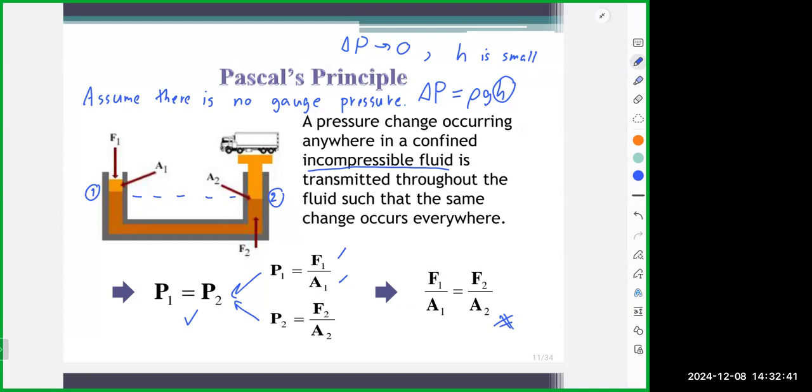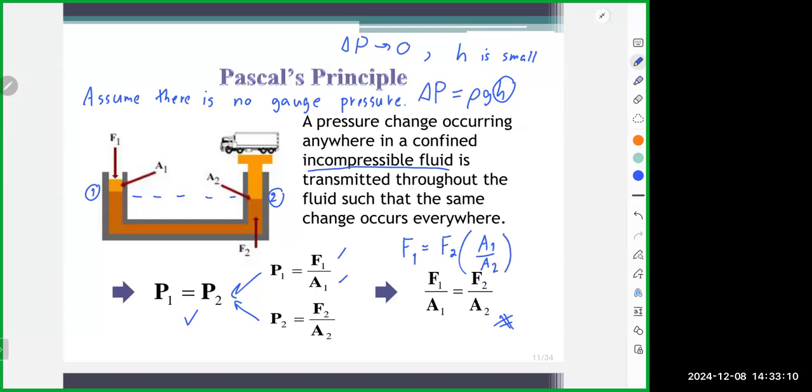So you will get the effect. For example, if you are near area 1, you have to exert your force F1, which is F2 times A1 over A2.